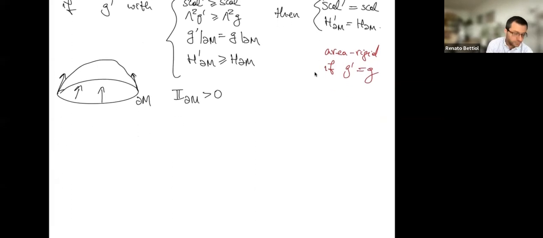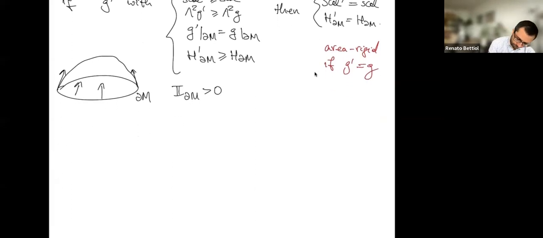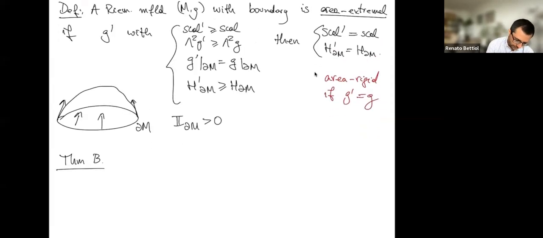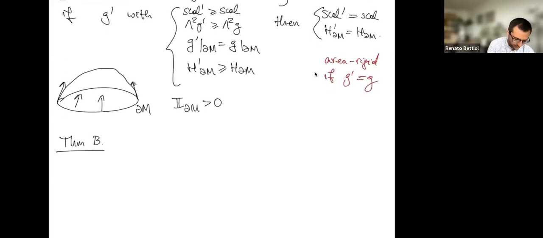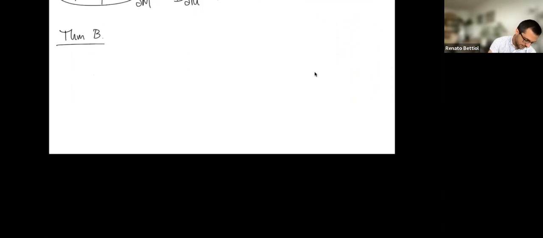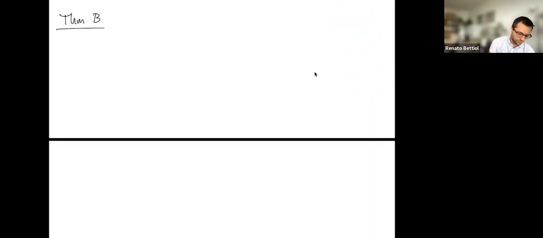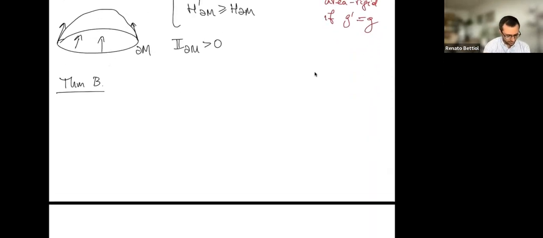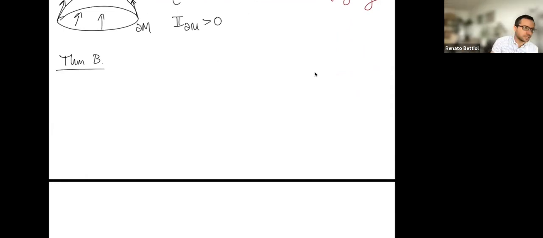So with these conventions, we can state the following result. This is a local comparison result, and there's also a second one that I'll discuss, which is the analog of what I did before. But I think this takes less to state, and it's interesting in its own right.